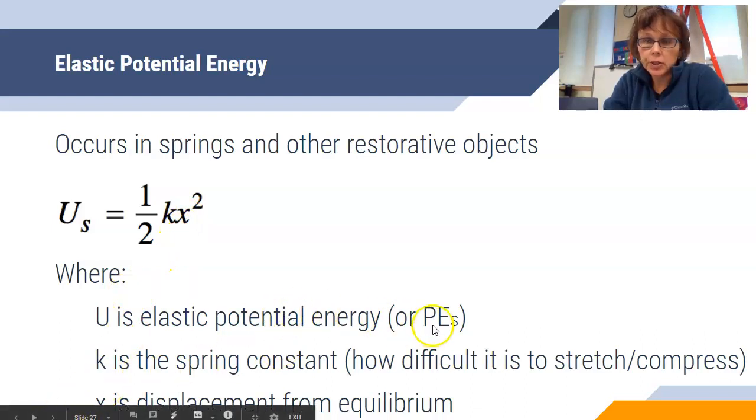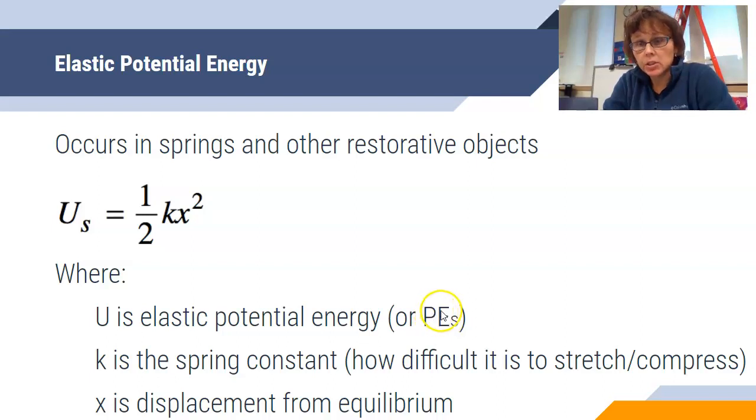Another notation for the elastic potential energy that we will be using is PE subscript S, so we can differentiate it from the gravitational potential energy, which is PE.